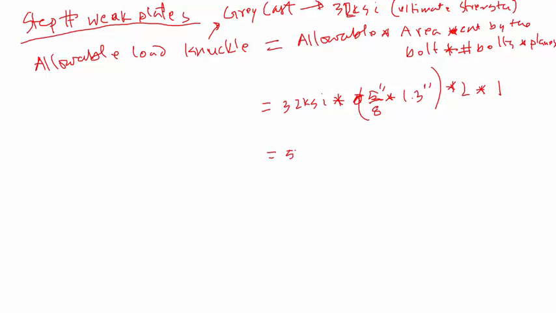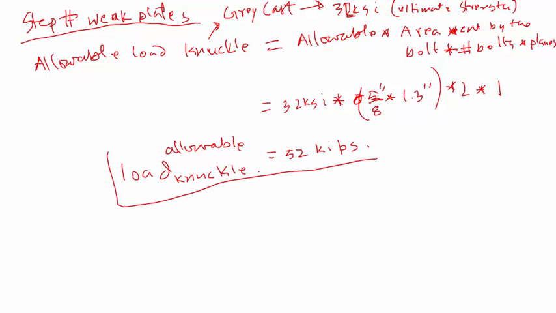And I have got 52,000 pounds for the knuckle plate. So the allowable maximum we can allow for the steering knuckle is 52,000 pounds, which is huge for a small car.